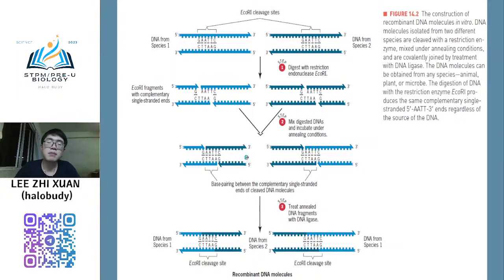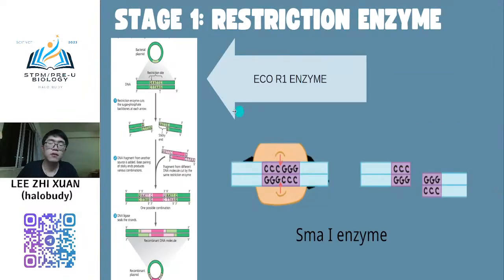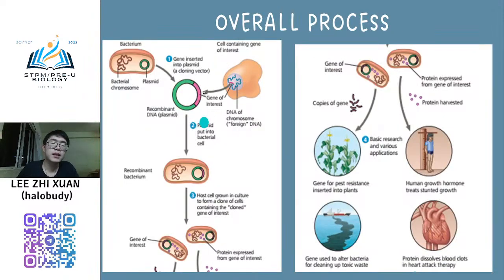So this mixing is mixing between the gene of interest and the plasmid. What it means is, the gene of interest, the purple one, has been cut using the restriction enzyme.